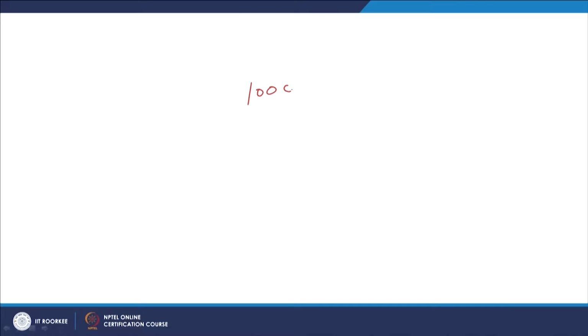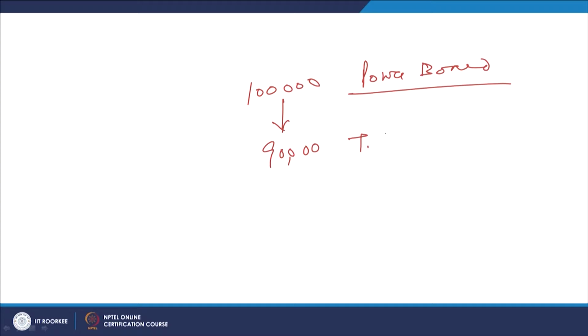So, for example, if the power board is generating 1 lakh units or 100,000 units of the power, then out of this 1 lakh units, because of the transmission process and other things, say 90,000 units are going up to the, this is the power board or the power generation company, this is the transmission company, right.